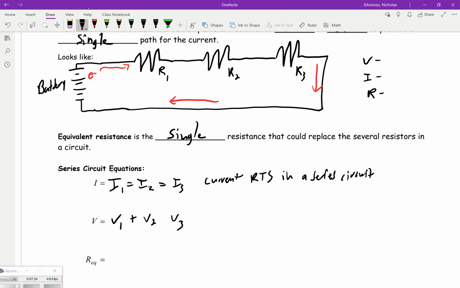Now the total voltage here, indicated by V, would be the sum of potential differences across each resistor, the sum of potential differences of all resistors.